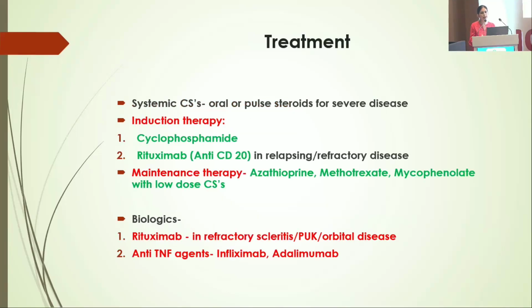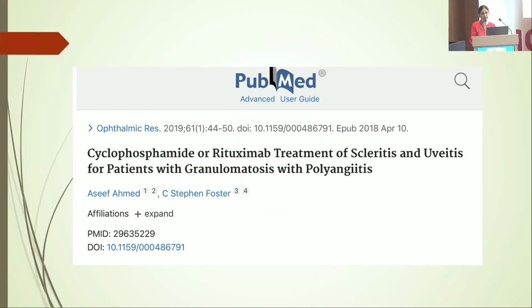In such a case, we treat with systemic corticosteroids. We induce our patients with either cyclophosphamide or rituximab and then maintenance therapy with azathioprine, methotrexate and mycophenolate. There are many studies for cyclophosphamide and rituximab treatment of scleritis and uveitis in patients of GPA.